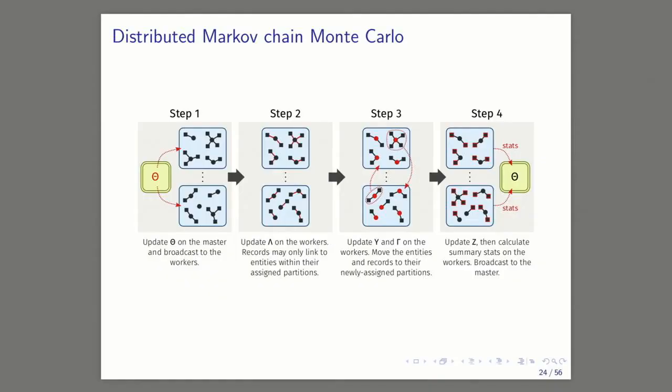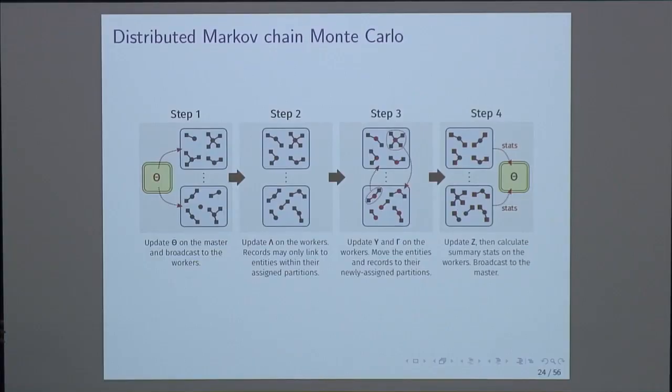Okay, so what does this look like at a high level? We have some parameter theta. Again, remember theta is the parameter of the data that we have. Maybe the data x is categorical in theta. We're going to take theta, update it on the master, and broadcast it to the workers. Then we make an update of the linkage structure on the workers.